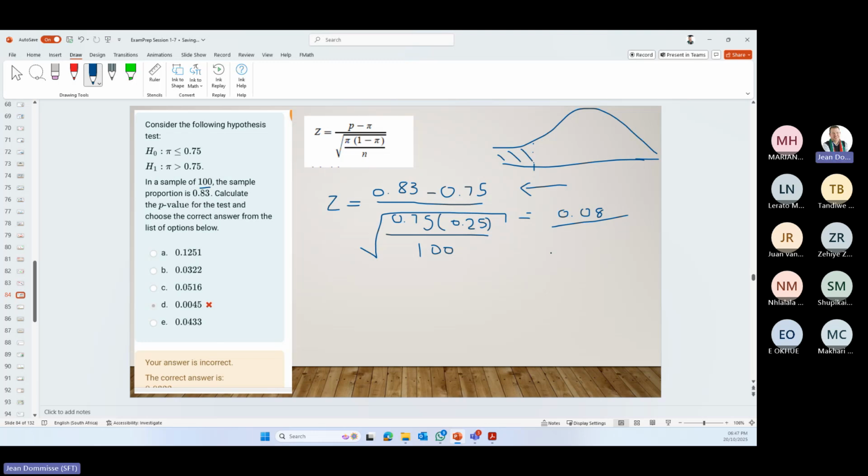Not happy with these questions tonight that we're doing on hypothesis, but let's see. Okay, so if I work that component out, 0.0433, okay, scary that that is in one of the answers.